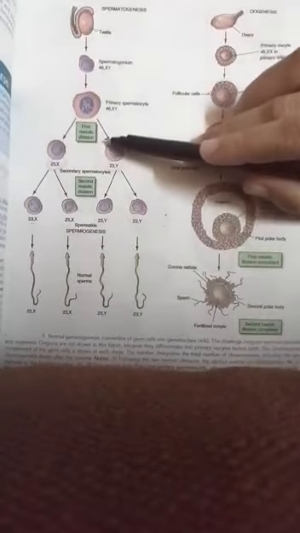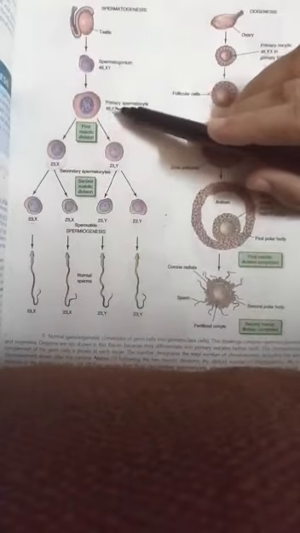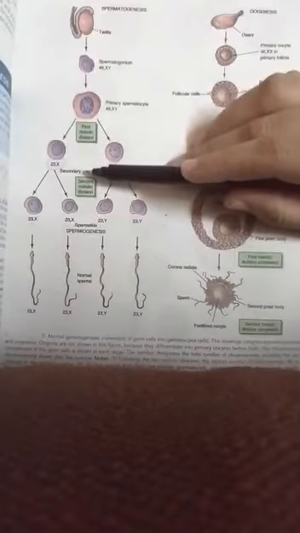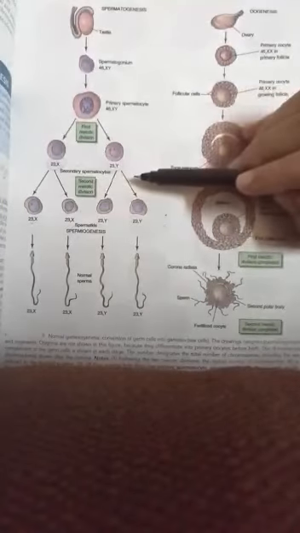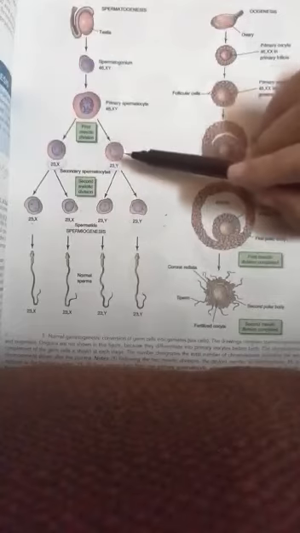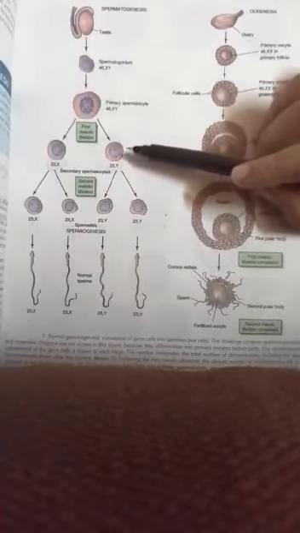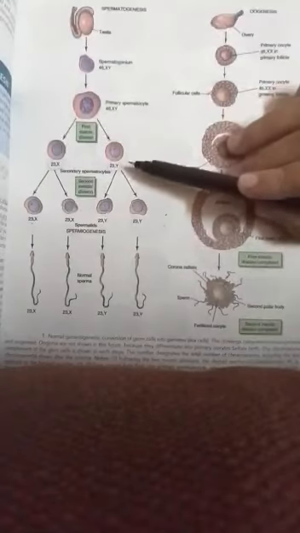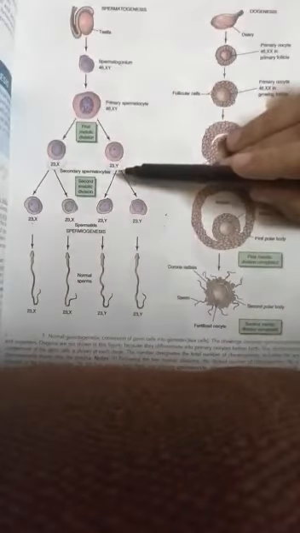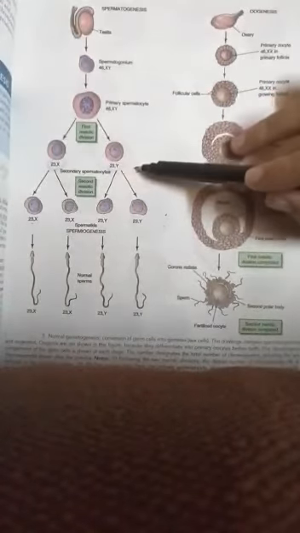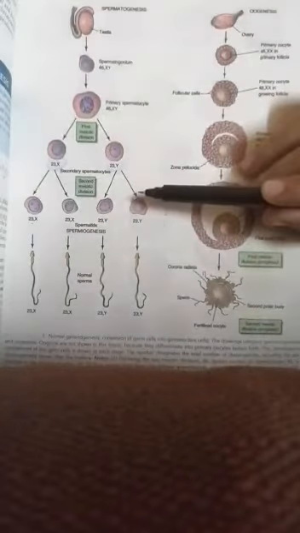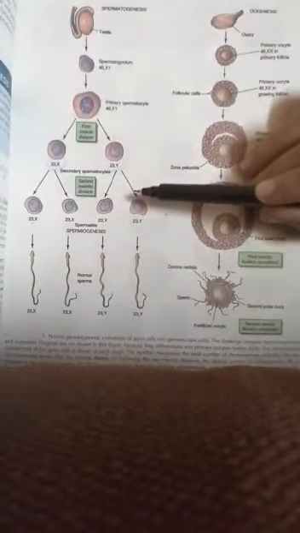So in the first meiotic division, the 46XY chromosomes convert into 23X or 23Y chromosomes. This is the product of the first meiotic division, and the product from the primary spermatocyte is now called the secondary spermatocyte. This secondary spermatocyte undergoes a second meiotic division, which we all know is relatively similar to mitosis.